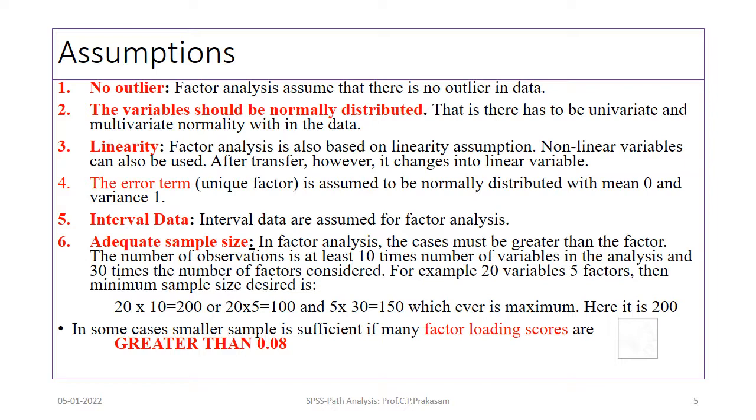Whichever is the maximum, we have to consider; here it is 200, so 200 observations should be there. In some cases, a small sample is sufficient if many factor loading scores are greater than 0.8. We will discuss factor loadings in the coming slides.